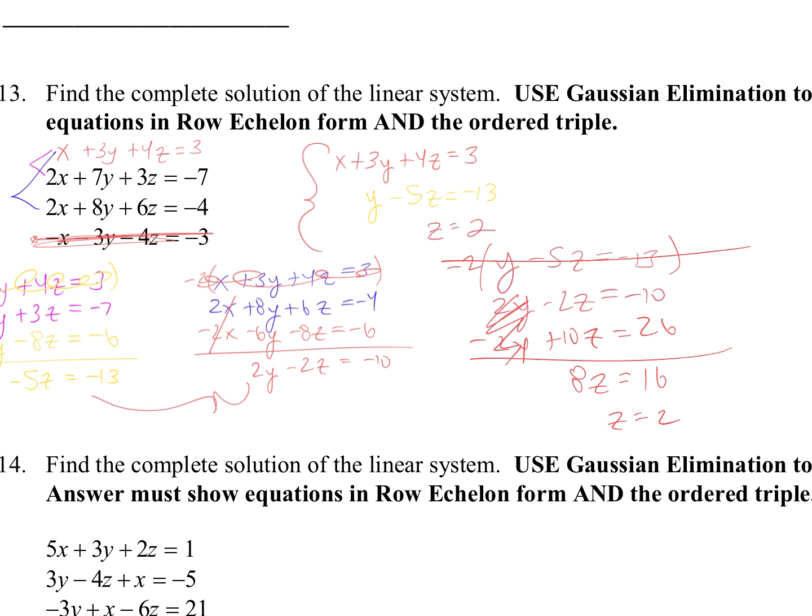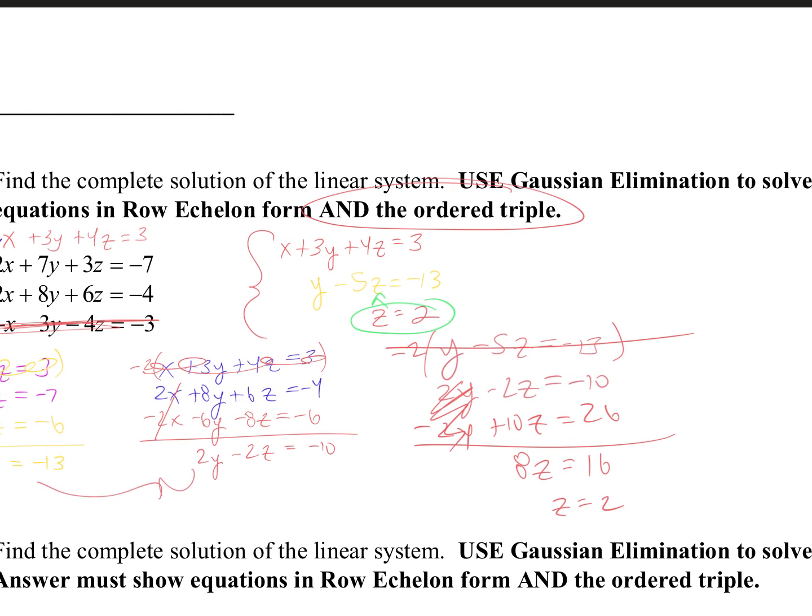Have we answered the question? Half of it. Partly. Right? I got into my row echelon form, but now I need to find the ordered triple. How would I find the ordered triple? What do we call this? Back substitution. Take your z value, plug it in to find y. So I have y minus 5 times 2 is 10 equals -13.